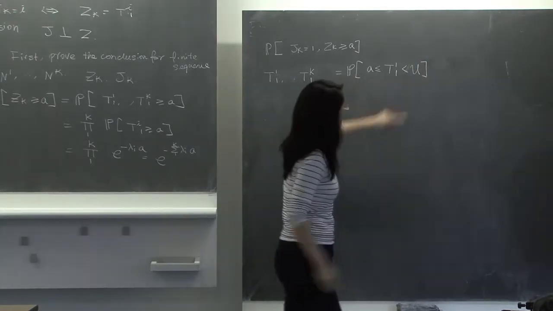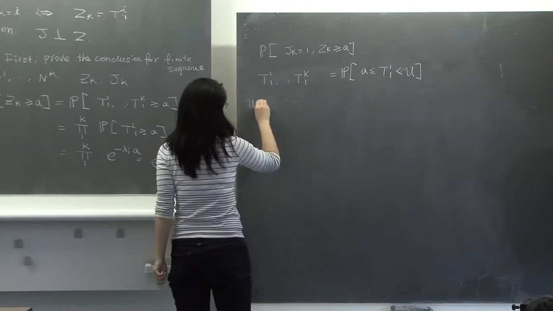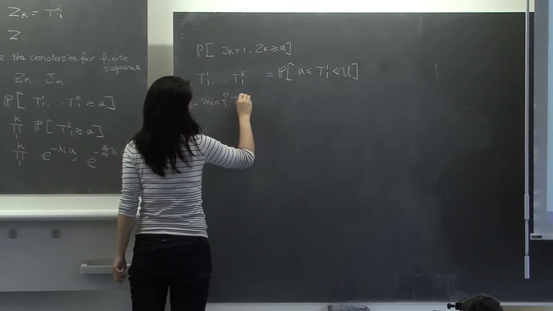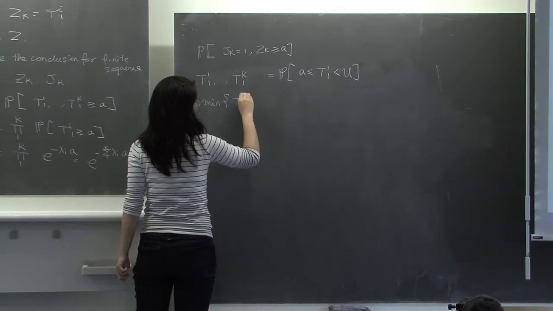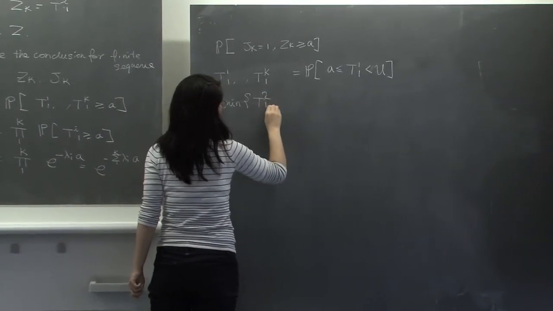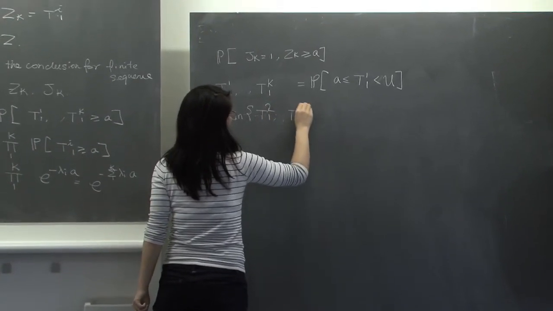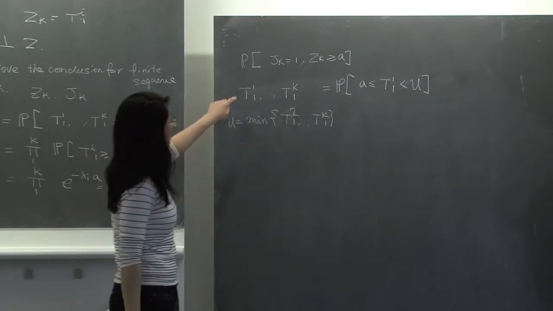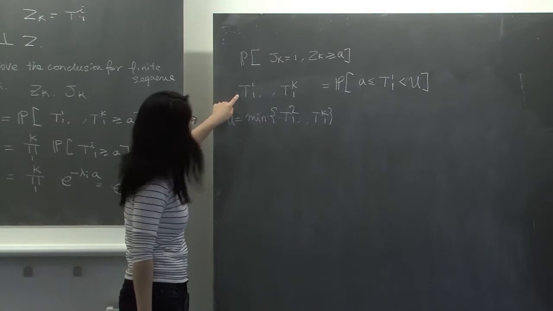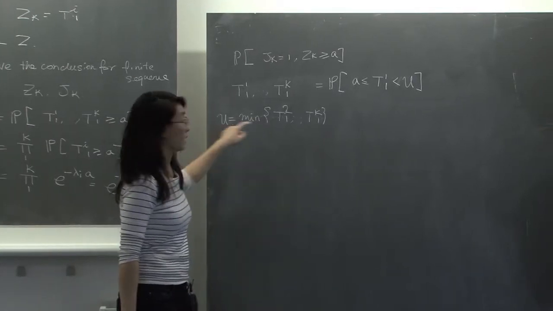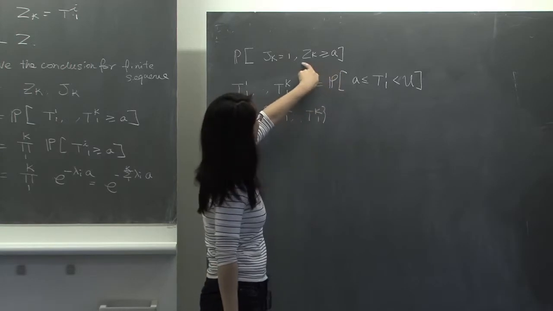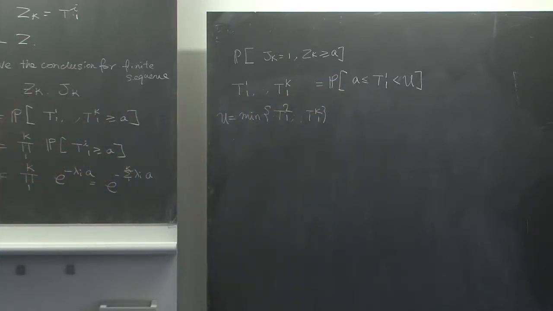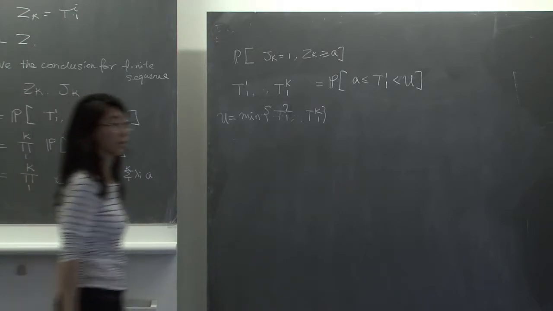If I define U as the minimum of the other k-1 processes, then this event is equivalent to T11 being smaller than U, and T11 being greater than a. This corresponds to the first event time being greater than a. So these two are exactly the same event, so they have the same probability.